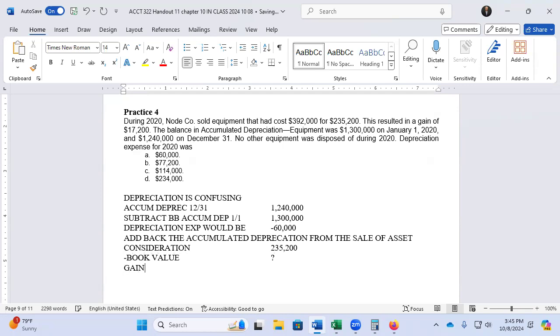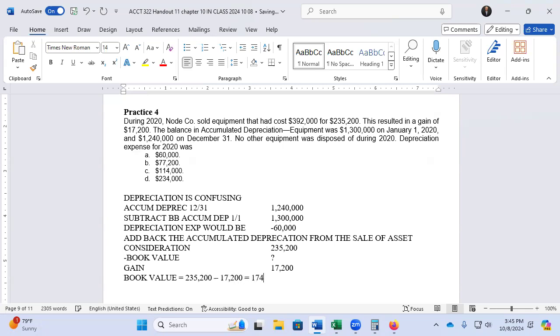And I know that I had a gain of 17,200. So if I want to find the book value, that equals 235,200. Sorry, got the 2 in there. Minus 17,200.